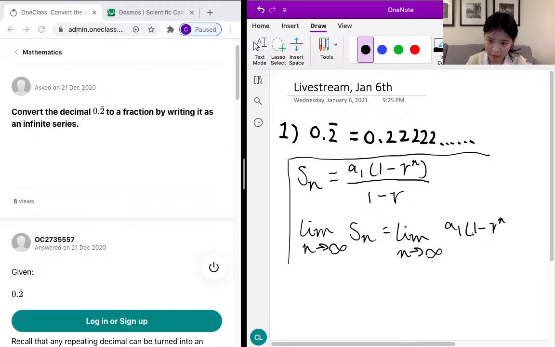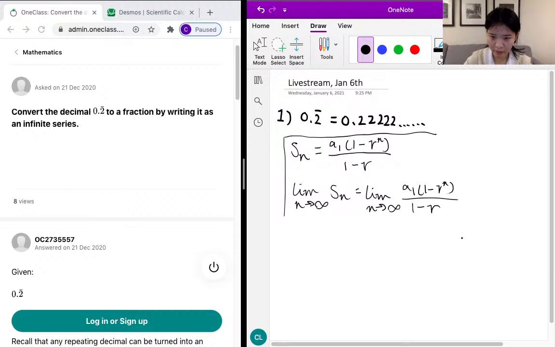over 1 minus R. We can't really evaluate this directly, but we know that when R is between 0 and 1, that is, when R is a fraction, R to the power of n as n tends to infinity is arbitrarily small, because you're multiplying an infinite number of fractions together.